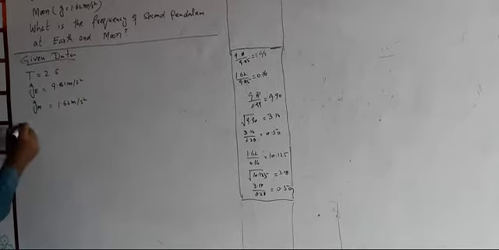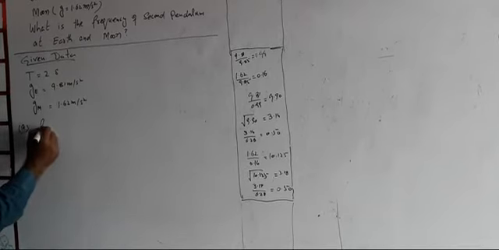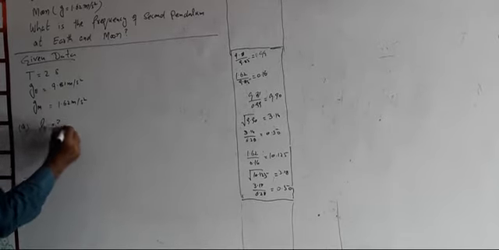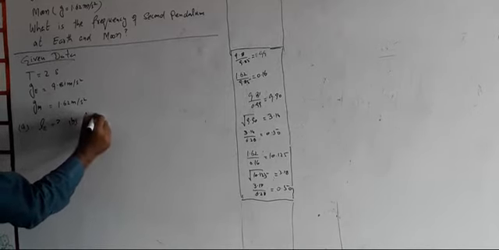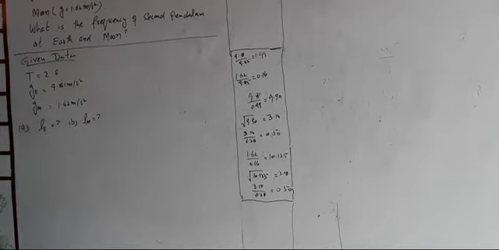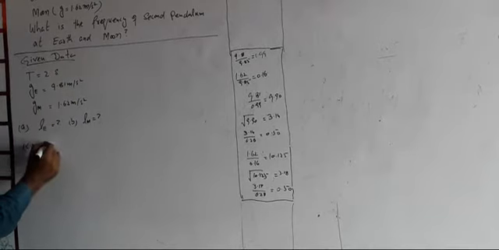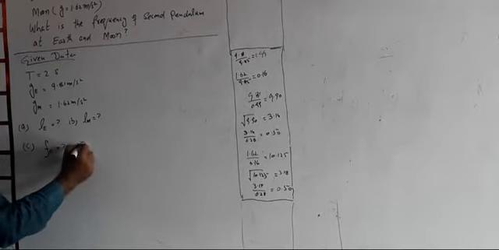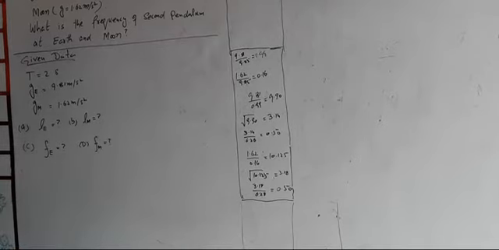So first, A part, we have to calculate the length of the pendulum on earth. For that purpose, I will write length with a subscript E, and B part is the length of the pendulum on the moon, so I will represent it by L with a subscript M, and C part, we also have to calculate the frequency on earth, so frequency with a subscript E, and D part, the frequency of the pendulum on the moon also has to be calculated.